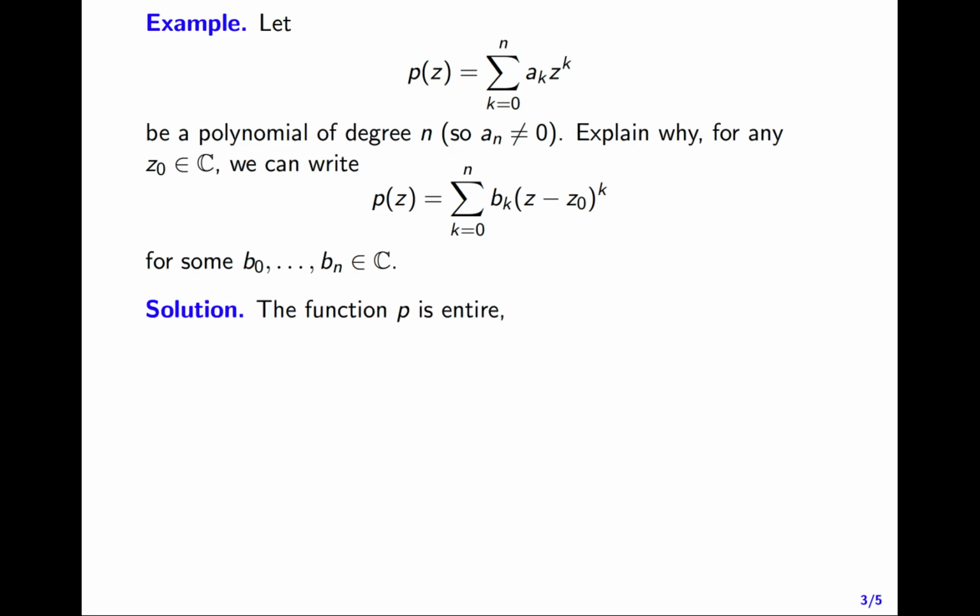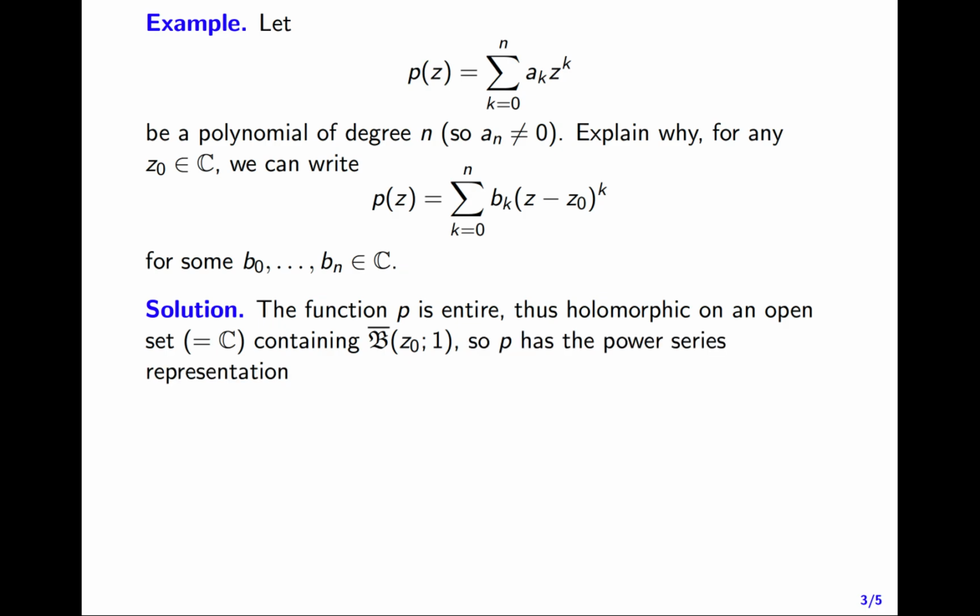So first, p is an entire function. What is p? It's just a sum of powers of z, and we know that positive powers of z are differentiable functions by the power rule. So p is entire, and it's holomorphic, therefore, on an open set containing the closed ball centered at z0 of radius 1. Specifically, that open set can be the entire complex plane.